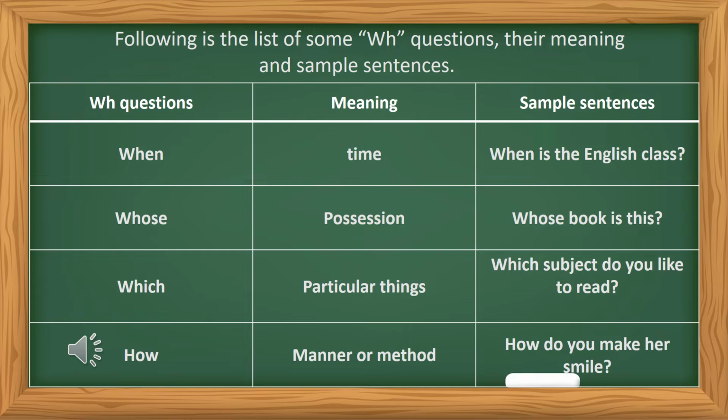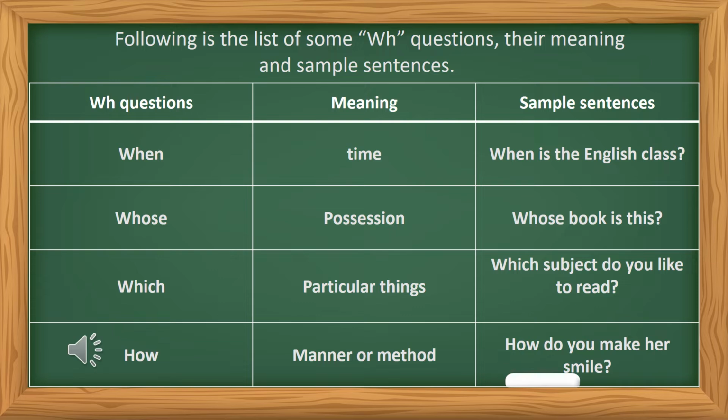I can like to read history books or geography books or English story books. It's up to me. I have the choice. So, for example, I like history. So, here is a choice and a particular thing. So, in this case, I have to use which.